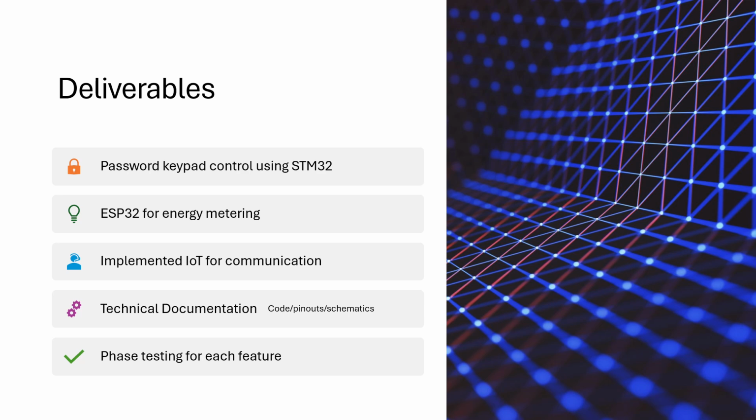And then we will want to display the energy resources that are being used onto some kind of interface, like an LCD screen, and then we'll be able to interface with the system and see that energy tracking through remote IoT communication. And those are our main deliverables, and we'll follow pinouts and schematics that we design to accomplish those goals, and then test each of those features to make sure they work together properly.